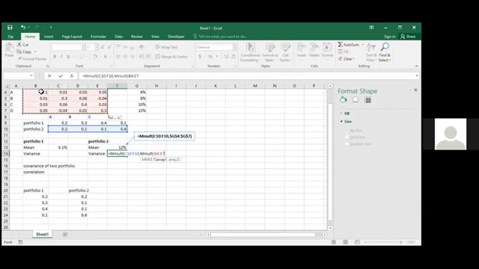This variance covariance matrix is multiplied by the proportions of portfolio 2. Then now we have to multiply by the column wise portfolio proportions. Column wise portfolio proportions.